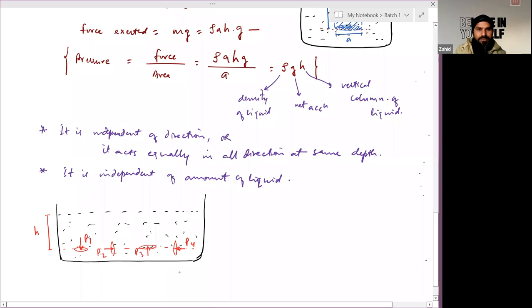So you'll be asked, what would be the relation between P1, P2, P3, P4? So you'll say, at the same depth, pressure in all directions will remain equal. It will be independent of direction of action. So you'll say P1, P2, P3, and P4 will be equal to each other.